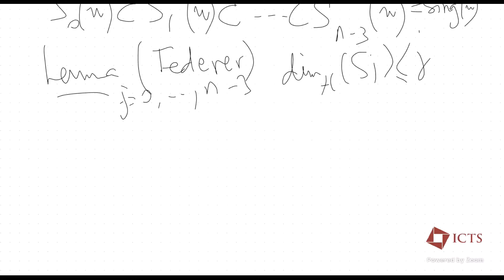Let me make a remark. This dimension reduction à la Federer does not work for stationary maps. I remind you that a stationary map is a map which is stationary for domain variations. You take a one-parameter family of diffeomorphisms, compose your map with those, and take the Fréchet derivative of the energy of such maps at t equal to 0.